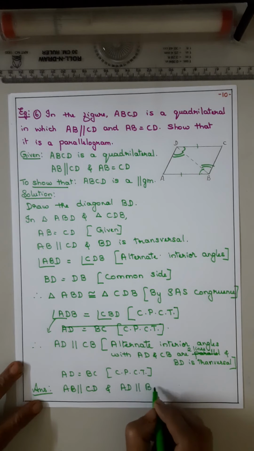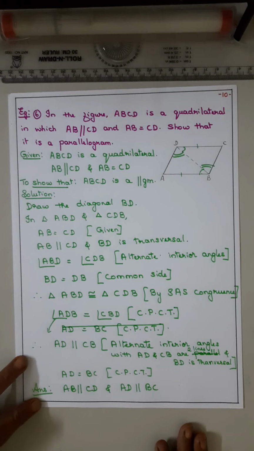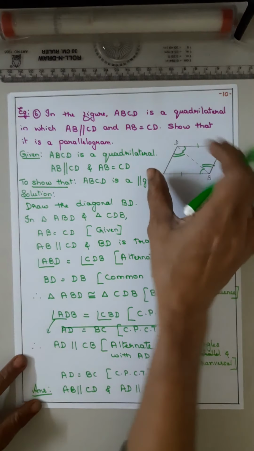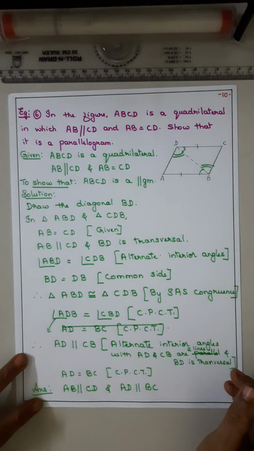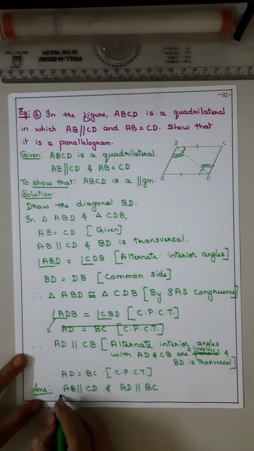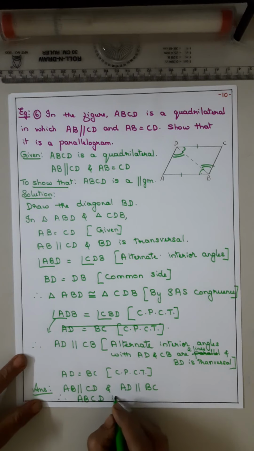Both the opposite sides are parallel to each other, isn't it? Both the opposite sides, they are parallel. That is why ABCD is a parallelogram.